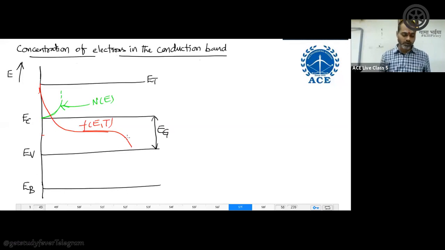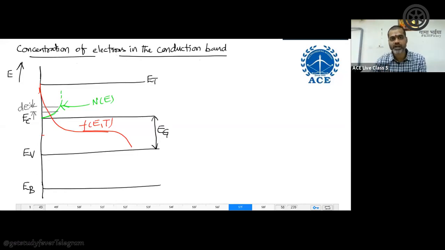Now let us consider an energy interval within this conduction band. Suppose this is the energy interval that I am going to consider. I am considering an energy interval of dE. Initially I'll find out how many electrons are present within this energy interval dE, and then you integrate throughout the conduction band, and I can get the total concentration.